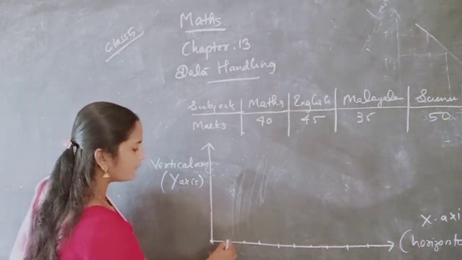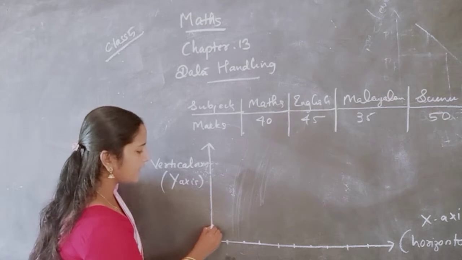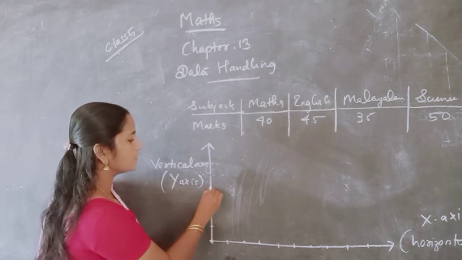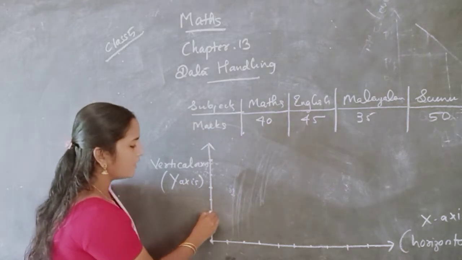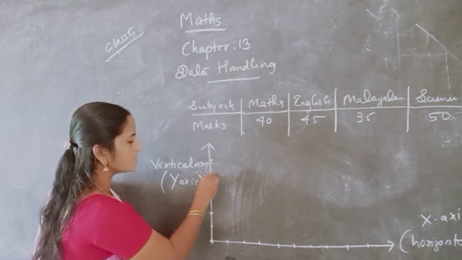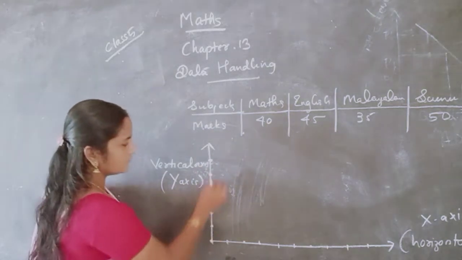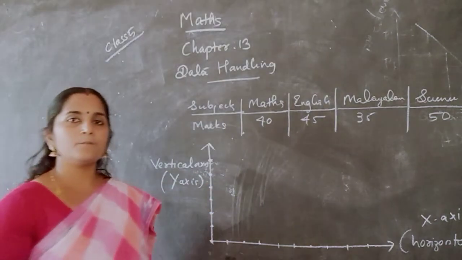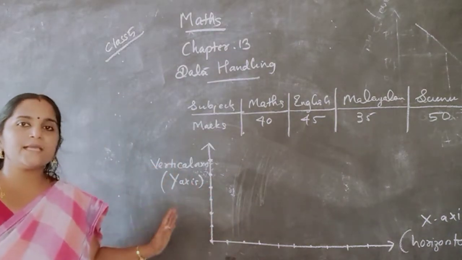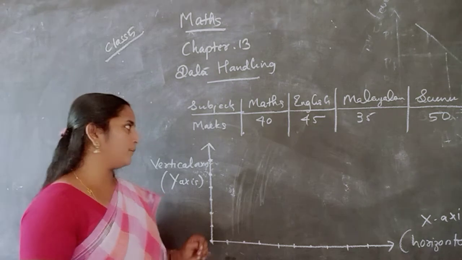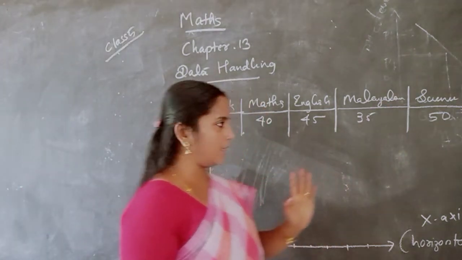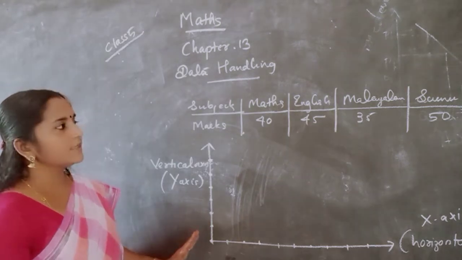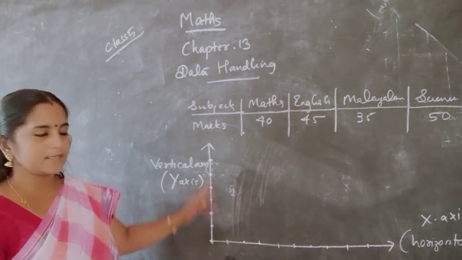And on the vertical axis also you mark using your scale, 1 centimeter each, and mark the points like this. That means all the points have equal distance. The highest one is 50 and the lowest is 35, so you choose a suitable scale.